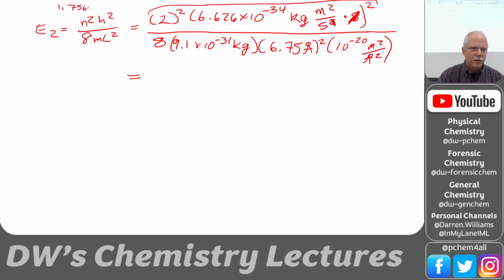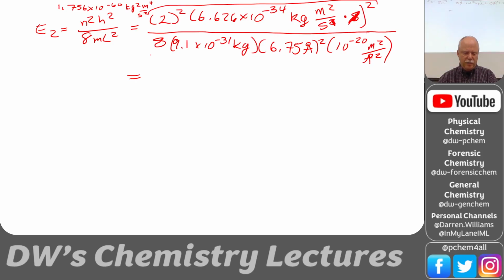And that's kilograms squared, meters to the fourth over seconds squared. So you can check your work on that and compare it to my numbers. Let me know if I've made a mistake.